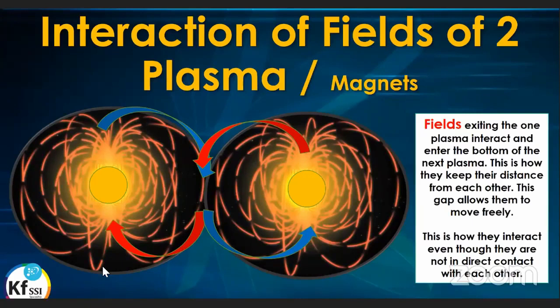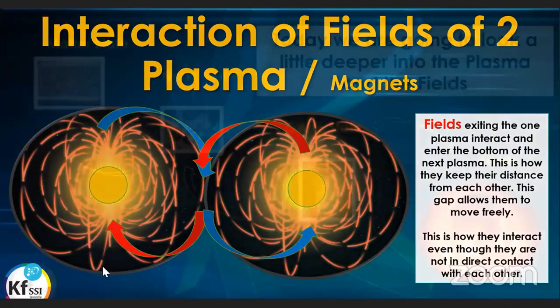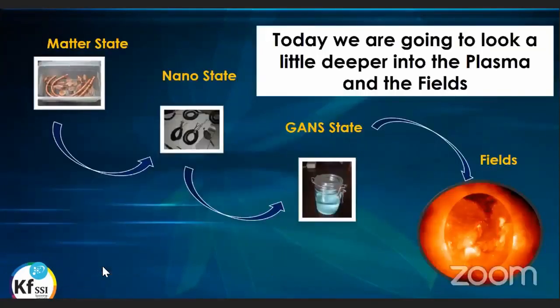It's how they interact with each other, even though they're not in direct contact. And we had brought to you the understanding that from the matter state we go into the nano, and we showed you a bit of the GANs. So today we're going to look a little bit deeper into what we term the plasma and the fields that make up the plasma.